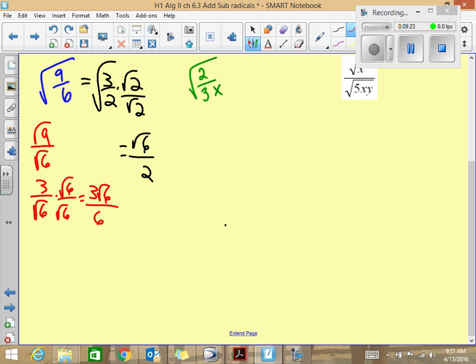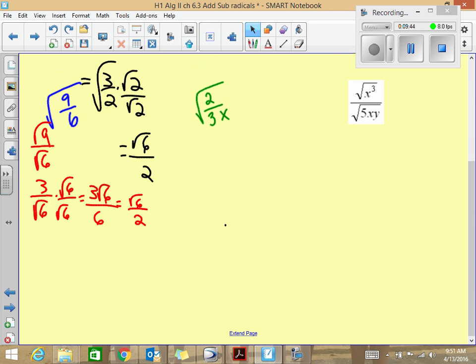And now what could I do? Simplify it. So it's kind of simplified before or after, either one. But always look at what you're left with and see if you can simplify it. Okay? All right, let's look at the next one.